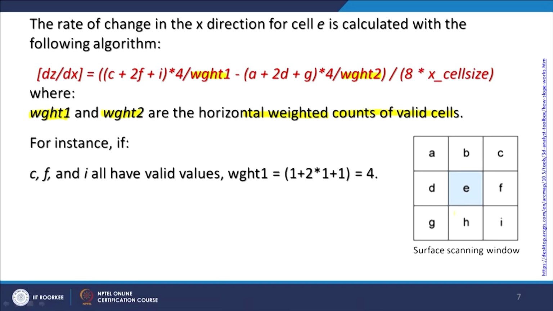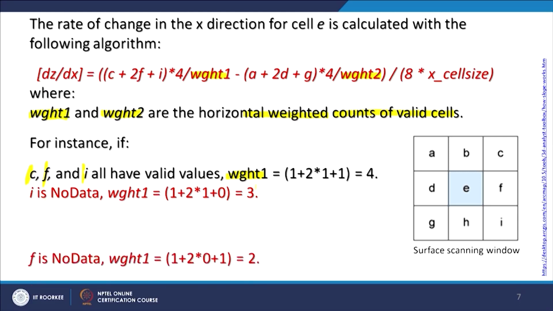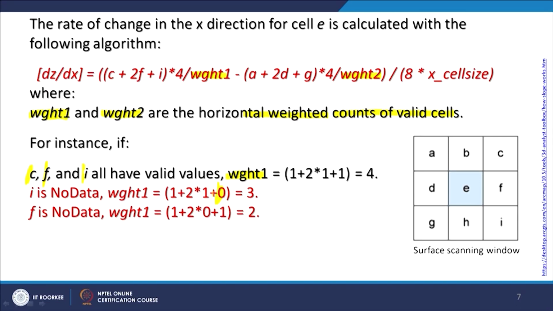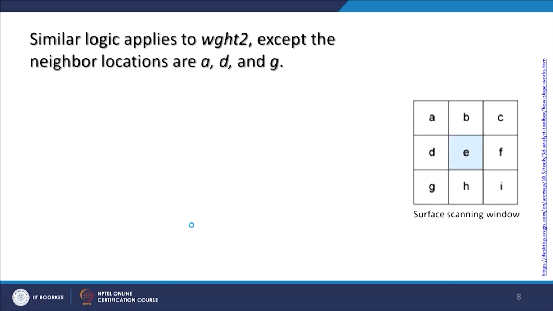For this kernel, if C, F and I all have valid values, they will have weight 1, like this. If I is no data, then it will be something like this, and 0 is also there. If F is no data, then the calculation will be like this, and similar logic applies to weight 2 also, except the neighborhood operators are A, B, D and G likewise.